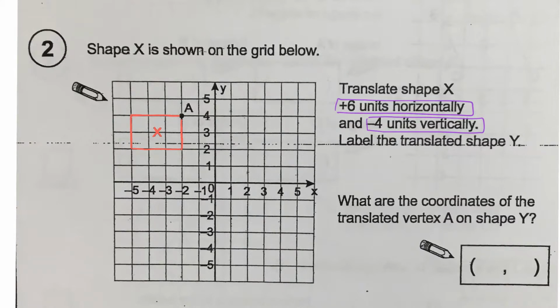So let's just write this down. Positive, when you are talking about horizontal movement, means to the right. Negative will mean to the left. And when you're talking about vertical movement, positive means up and negative means down.